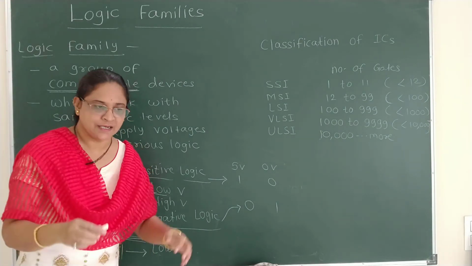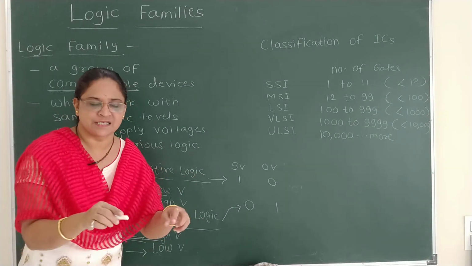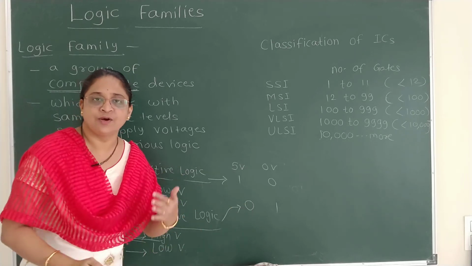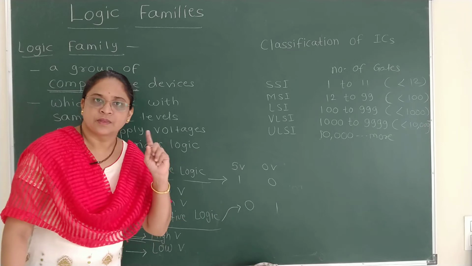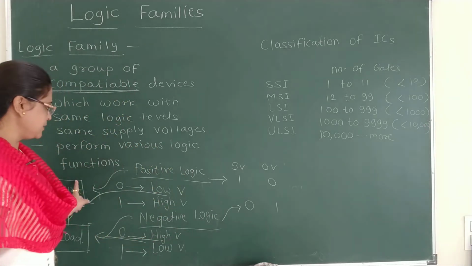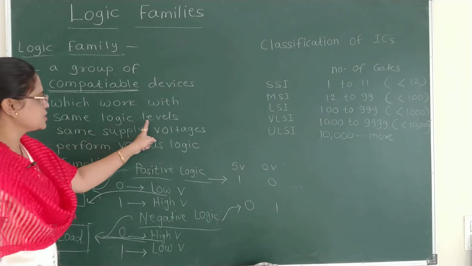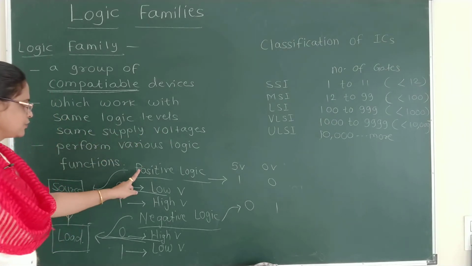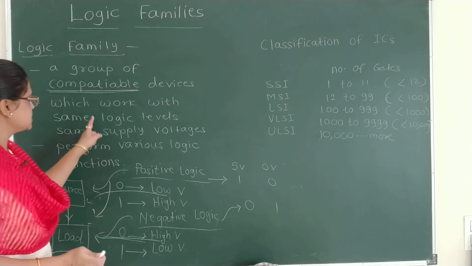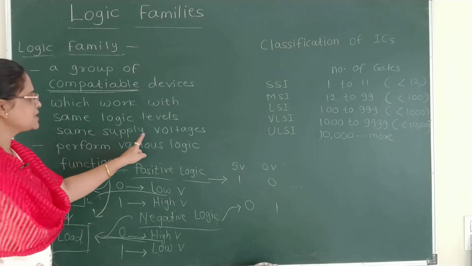So what is expected when we combine many circuits as group members? Whenever circuits have to be part of a group, part of a family, they must have the same logic levels, meaning all circuits should work with either positive logic or negative logic. They must also have the same supply voltage.